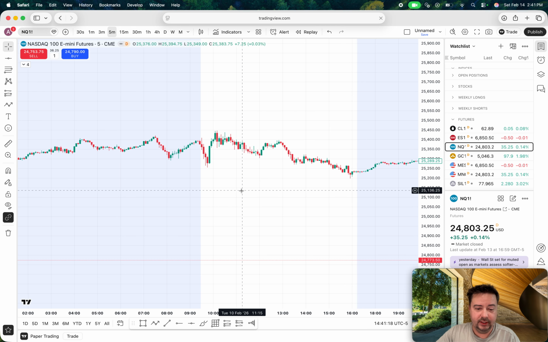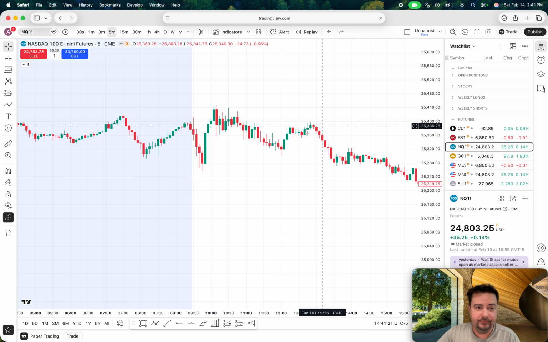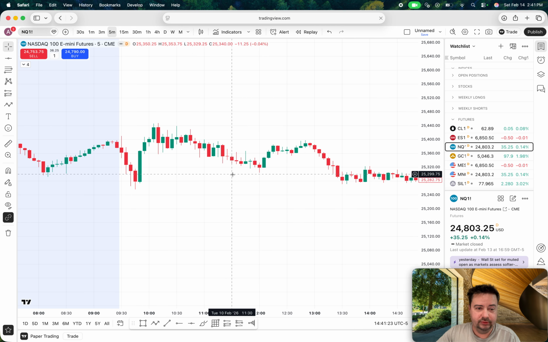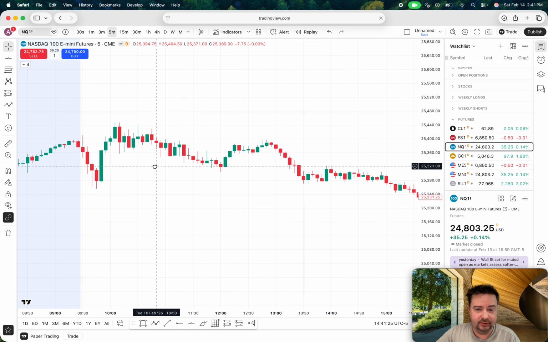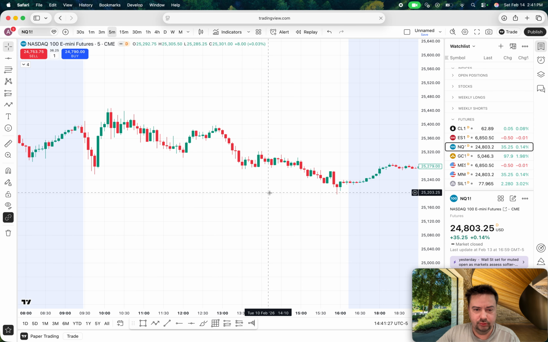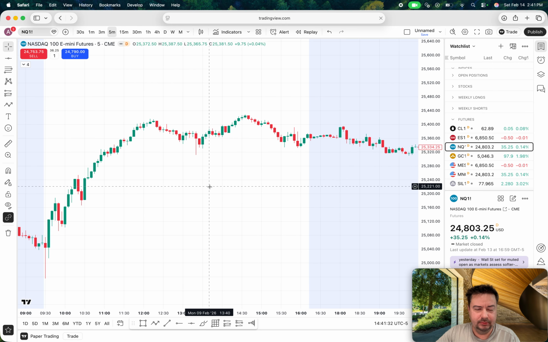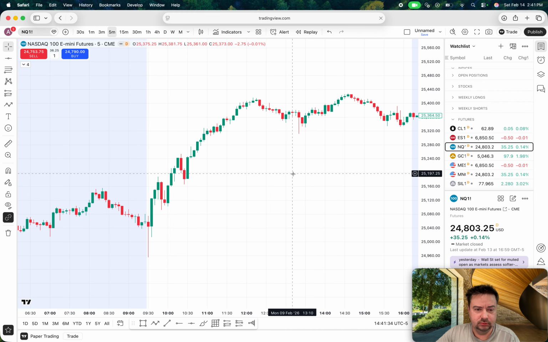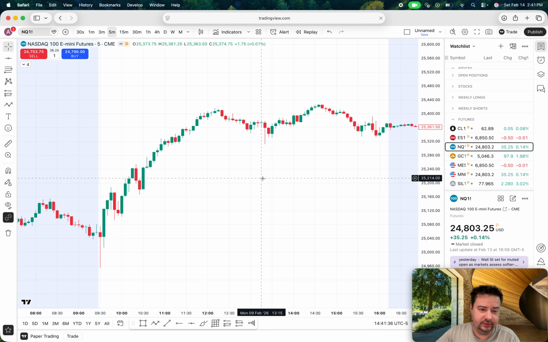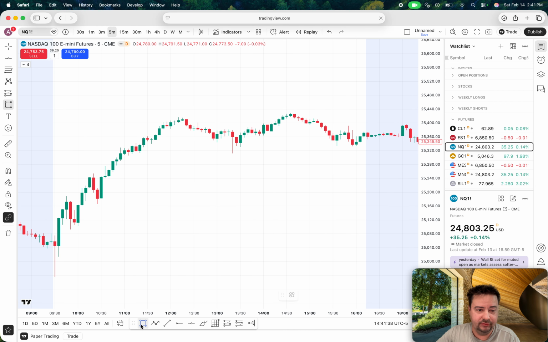Let's look at another day. This day is Tuesday. Well, we will still use the 5-minute chart. Let's see if we can find a good one. That's not really a good example. Okay, well here's an example of how price did not revisit.